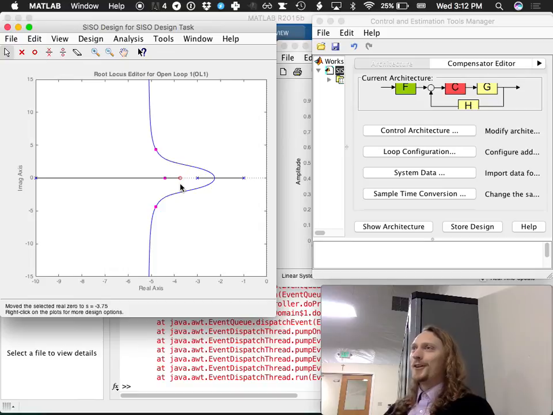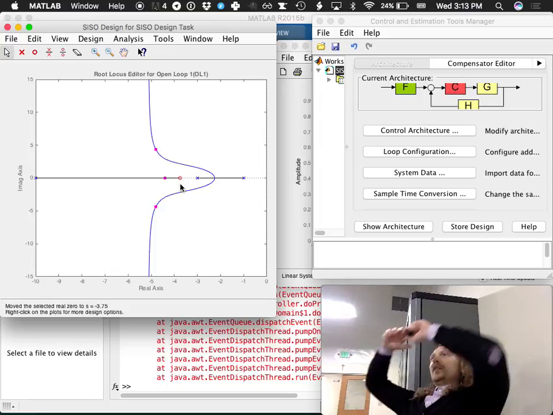How come MATLAB doesn't have a ramp function like it has a step function? That's a good question. Does it not have a ramp function? Or you can put in a 1/s in series with the transfer function and just use step, and that works too.